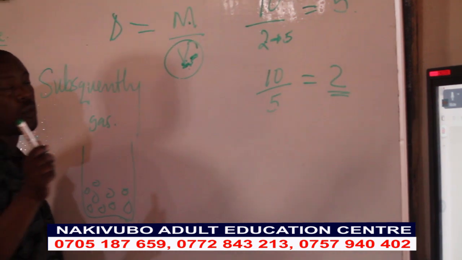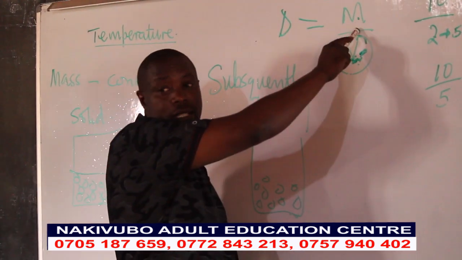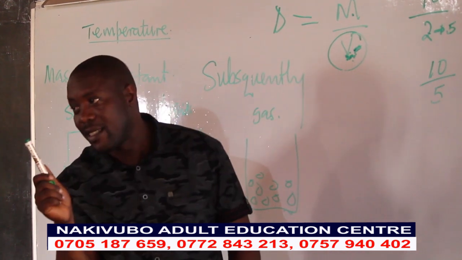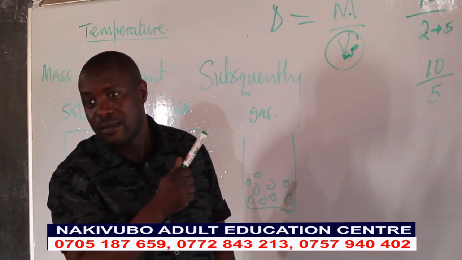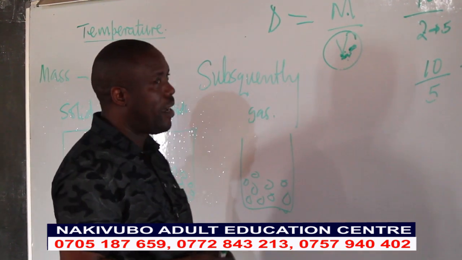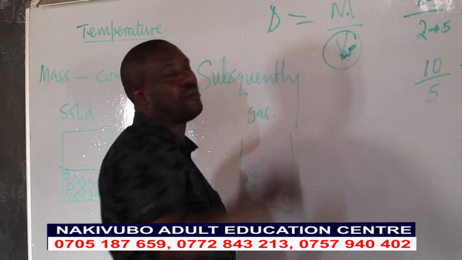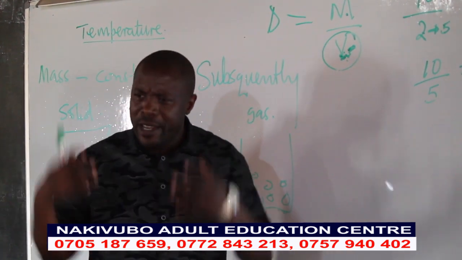So what are you going to do if you want to know the density of a substance? First, establish its mass. Measure the mass. What do we use to measure mass? We use a beam balance. Then volume. Measure the volume of the substance. It depends.